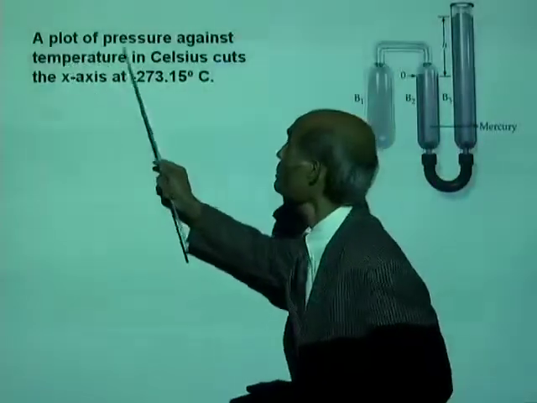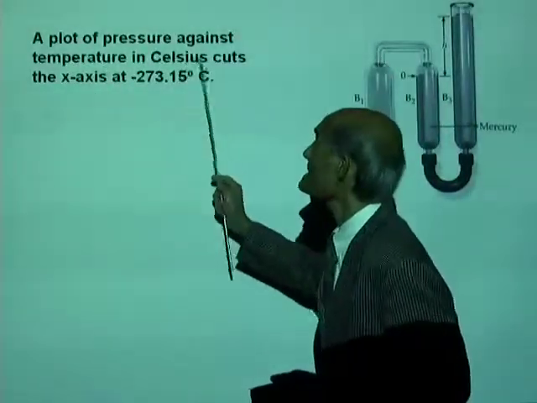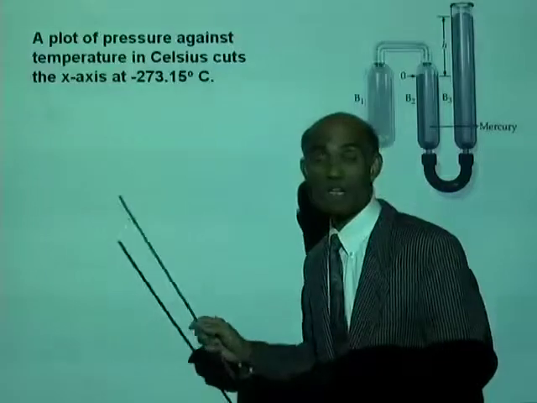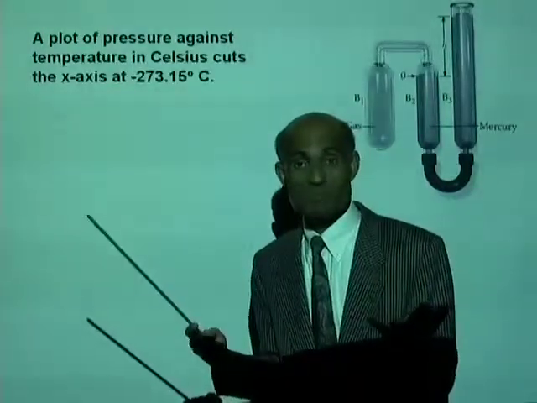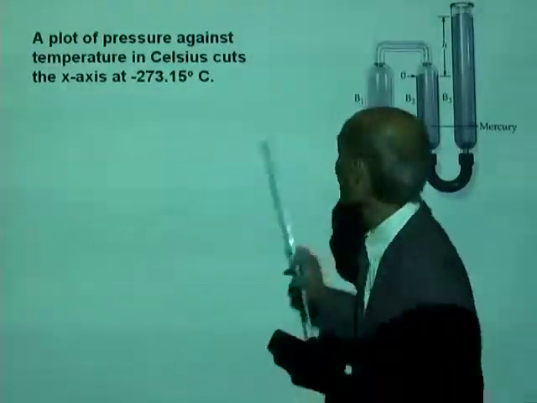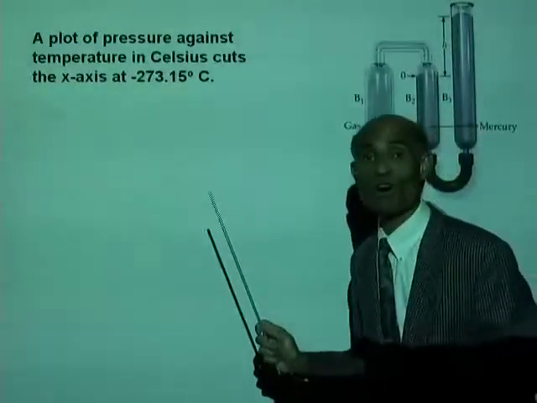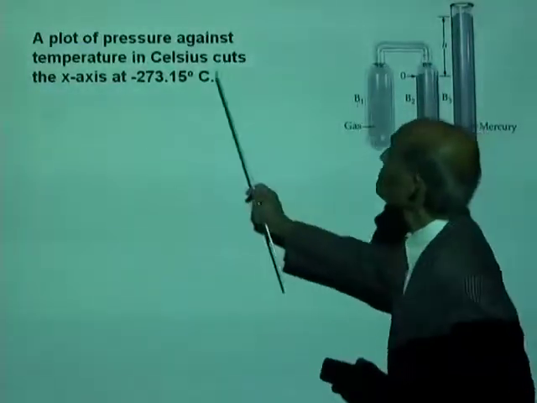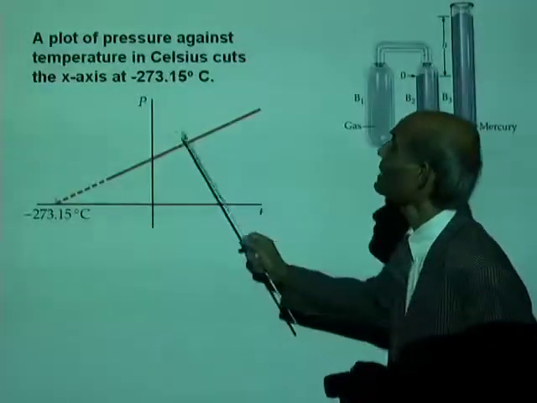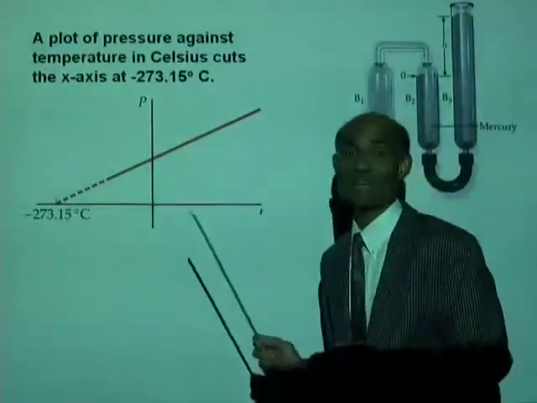Now, a plot of pressure against temperature in Celsius. You see, we measure temperature in Celsius. Therefore, when we do the experiment, we can make a plot of pressure against temperature in Celsius, and this will be the graph you get.